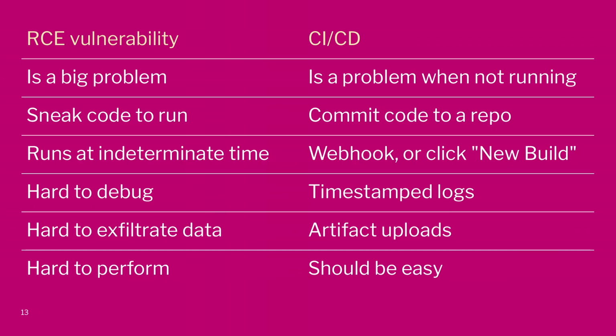It's not easy to debug. You're really kind of spraying and praying that your vulnerability exploit works. Whereas in the CI/CD case, it's obviously a problem if it's not working. If you just want to run some code, you push it to your repo. You get convenient logs at the end. You can exfiltrate data really easily from a CI/CD pipeline. It should be really easy, right?